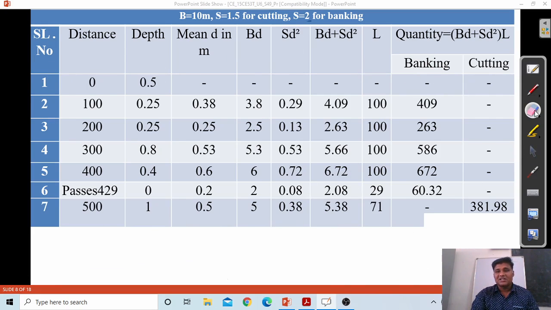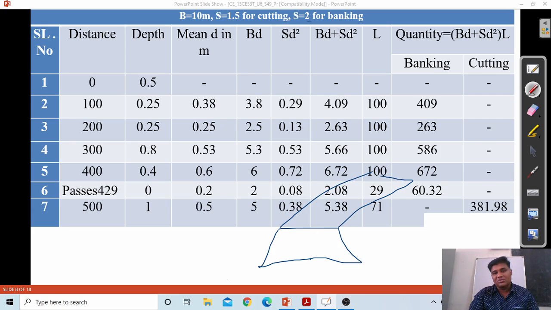surface area. So for the road, different cross sections are taken at 0 meter, 100 meter, 200 meter. If you check the view, this is your road, this is your length. This is one depth, let us call it D1, and this depth I am going to call D2.